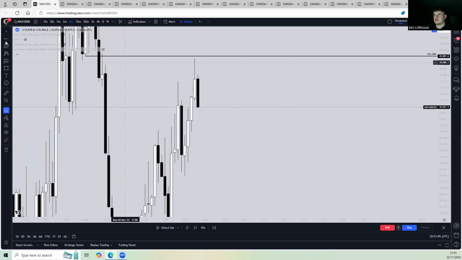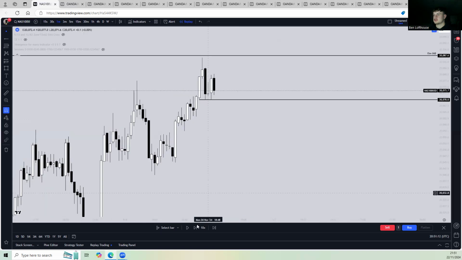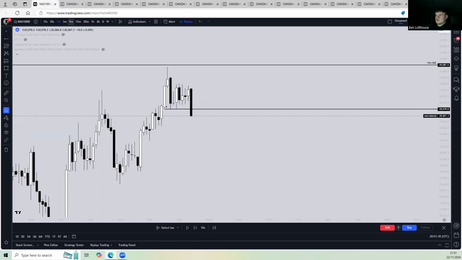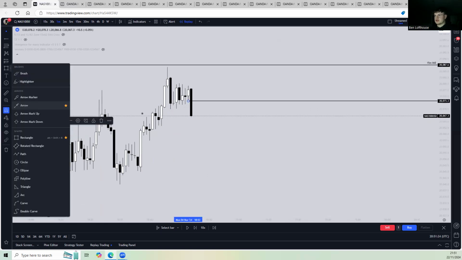So here we have a 5 minute banker's candle with the imbalance. So break of structure. So now that we've got the break of structure, look how appealing that is.